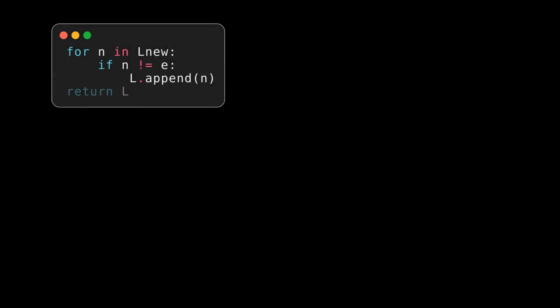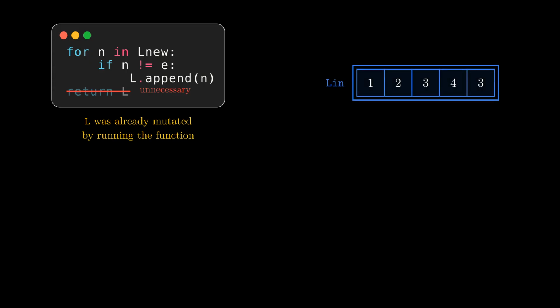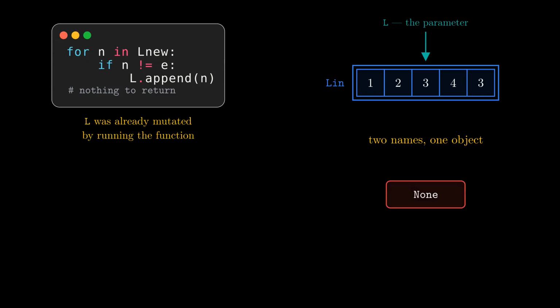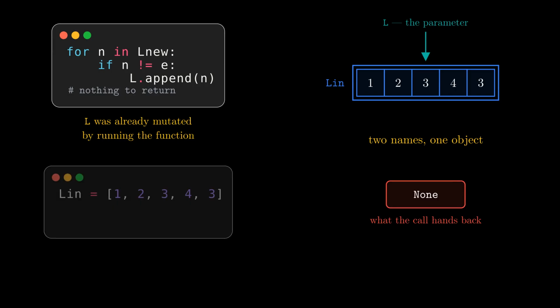This function has nothing to return. It wouldn't hurt to return L, but L has already been mutated by virtue of running the function. L is the parameter that was passed in, and the caller is holding that very same object, so there's nothing worth handing back. The function simply ends after the loop, and Python returns None. That changes how you call it.